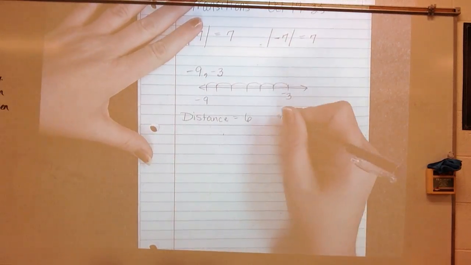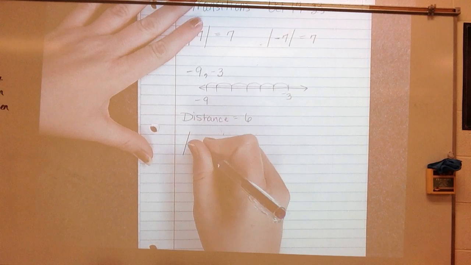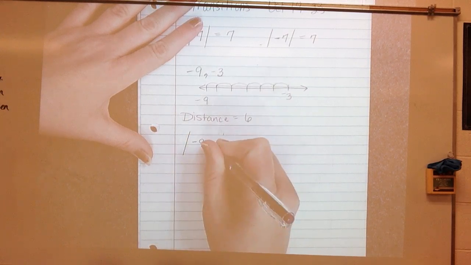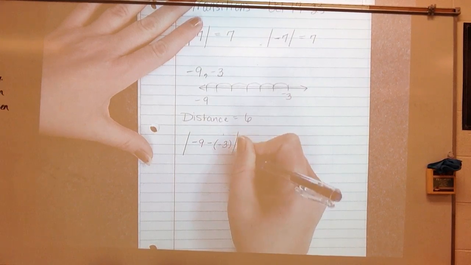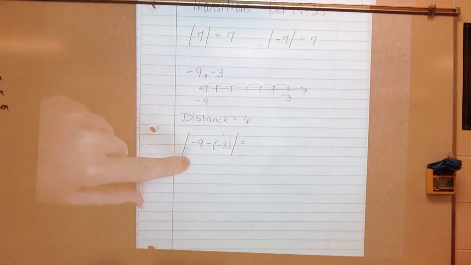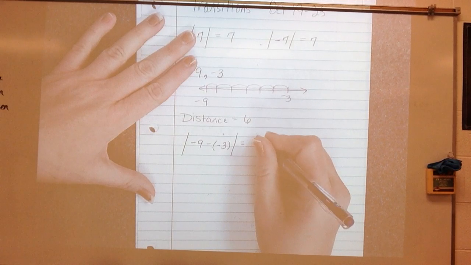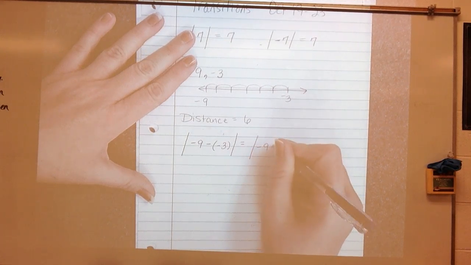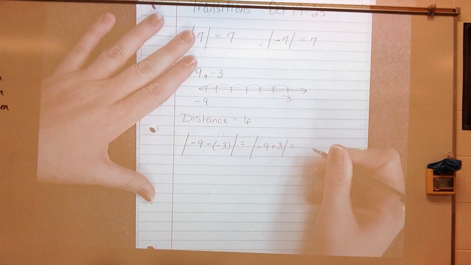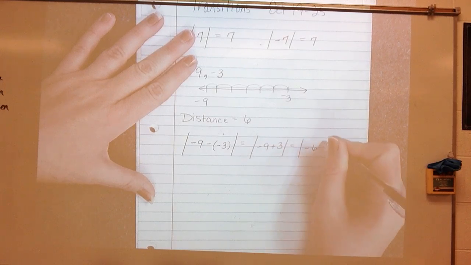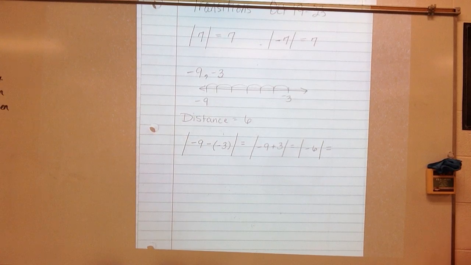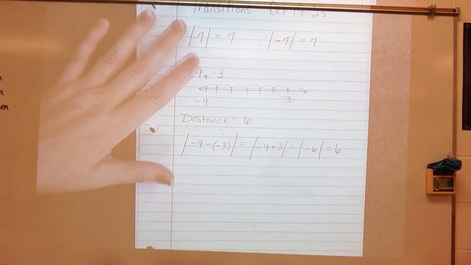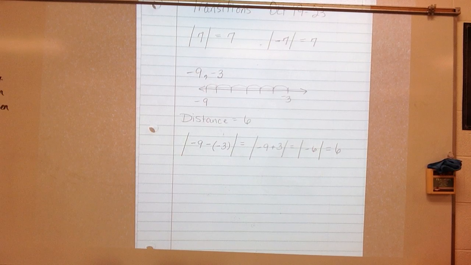So I'm going to take the absolute value of negative 9 minus negative 3. That becomes the absolute value of negative 9 plus 3, which is the absolute value of negative 6. And negative 6 is how far away from 0? It is 6.